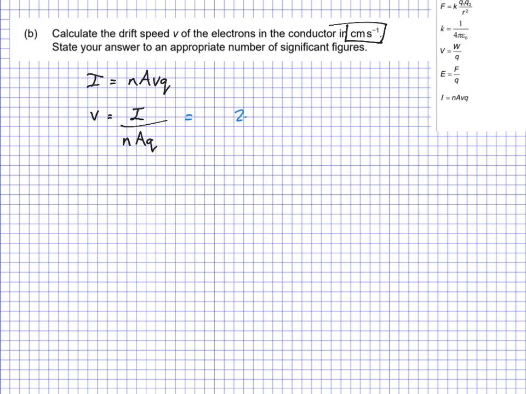It's 2 amps divided by n, which is the charge per unit volume. Again, a value given to us in the question. It's 8.5 times 10 to the 22.